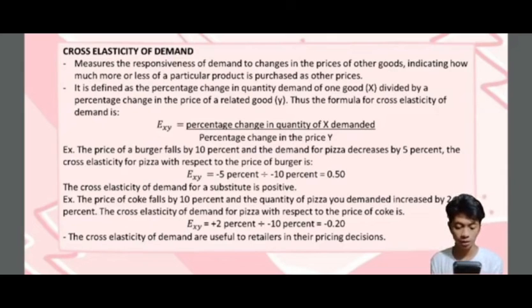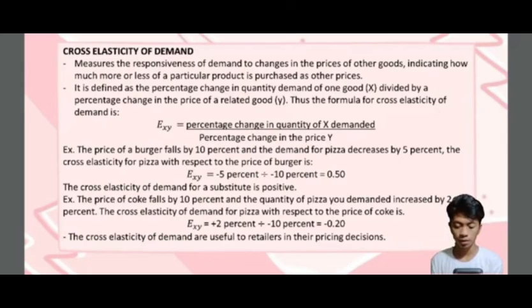The result is positive 0.50. Same negative sign, so positive. The cross elasticity of demand for a substitute is positive.